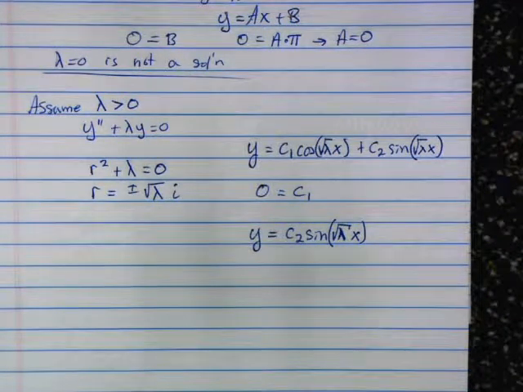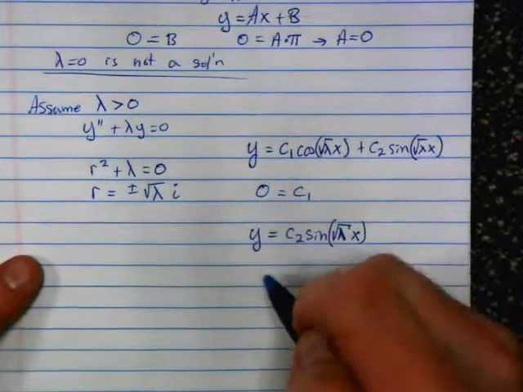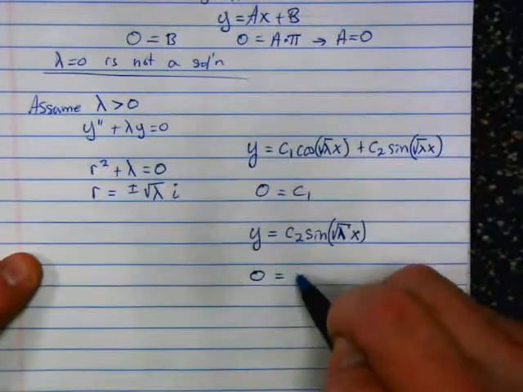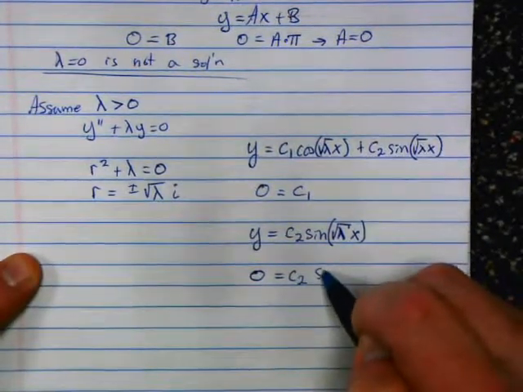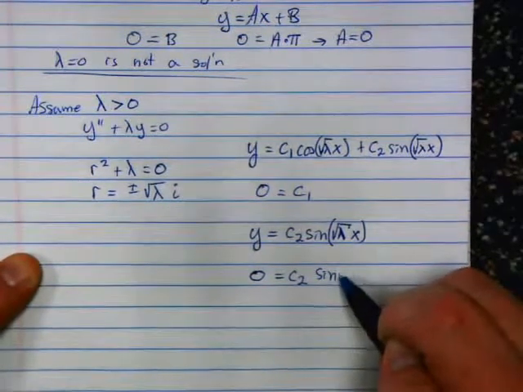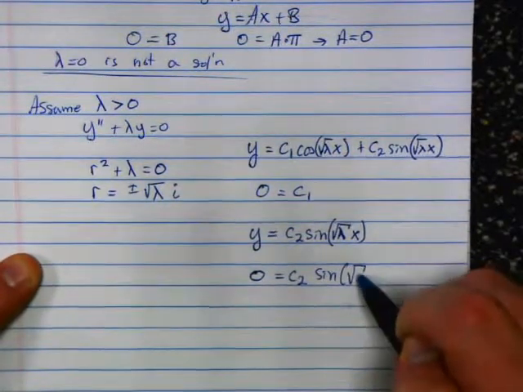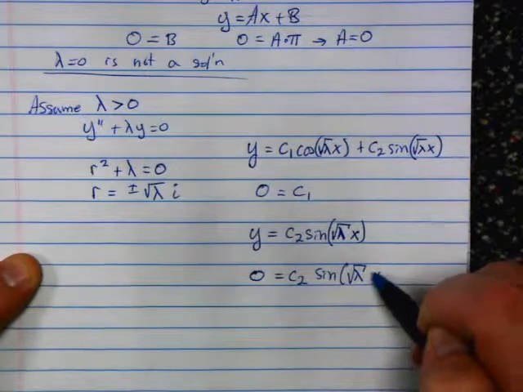Finally, I plug in my other initial condition. That would be 0 equals c2 sine square root of lambda times pi.